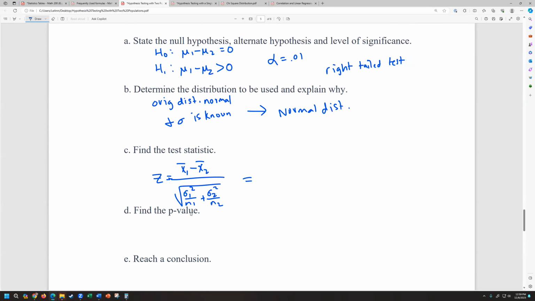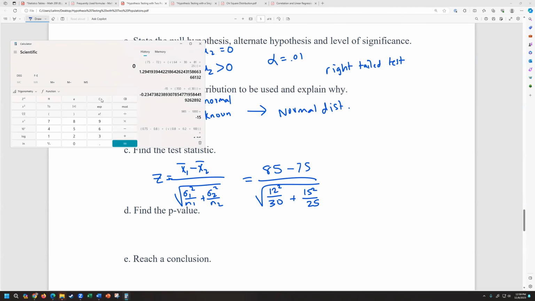So this would be 85 minus 75 over. We had 12 for the first population standard deviation. That sample size was 30. And 15 was the population standard deviation of the second group, and that sample size was 25. So on our calculator, we do 85 minus 75 divided by parentheses, parentheses.